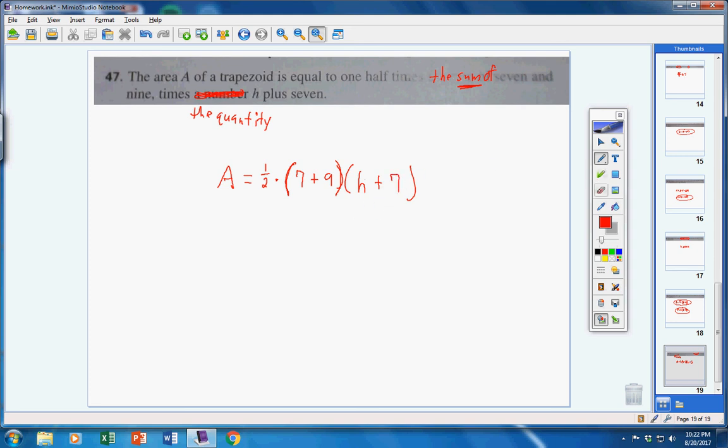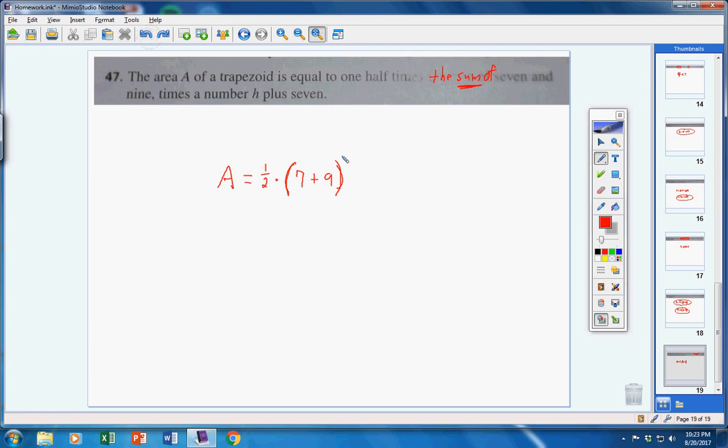Alright, so because this problem is really not written super well, if you would have had this for your answer, that's totally fine. Or if you looked at this like a quantity, then this would be an acceptable answer, times h plus 7, that's fine.